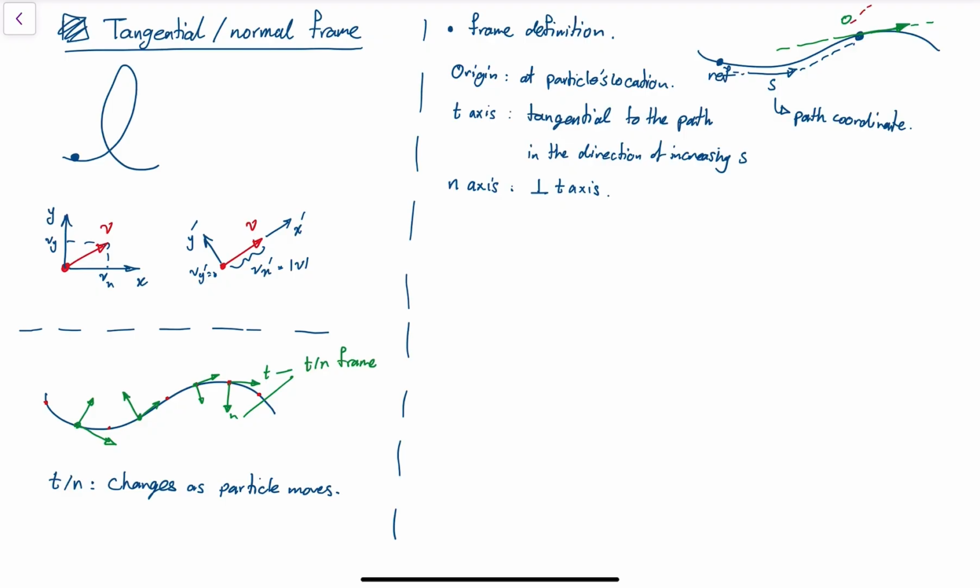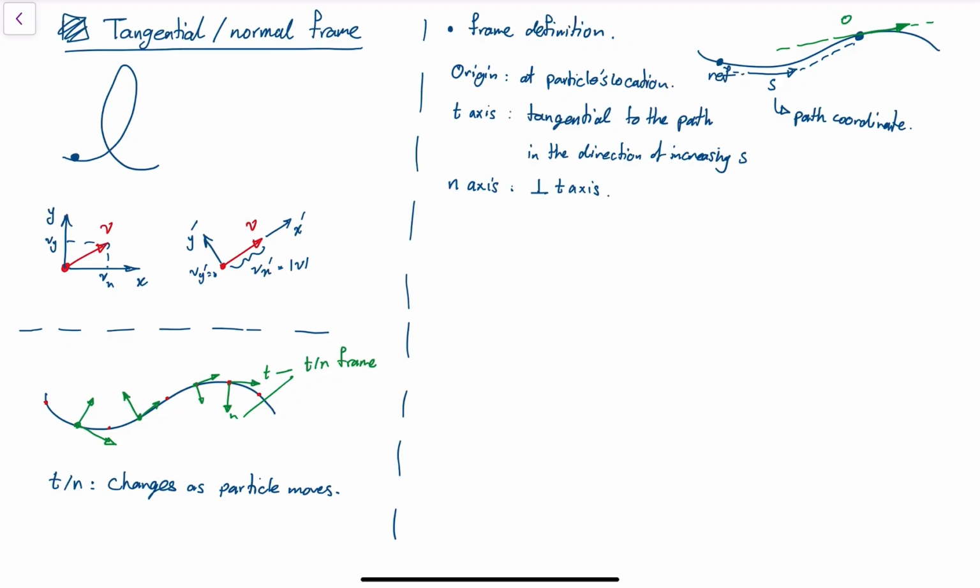So it can be any of these that remain normal to the tangential axis. Which one is it? Let me delete this.